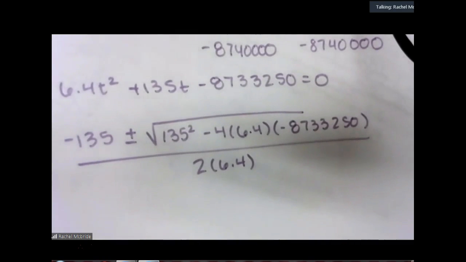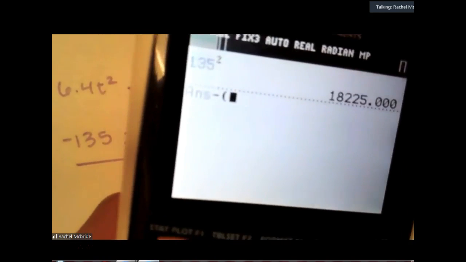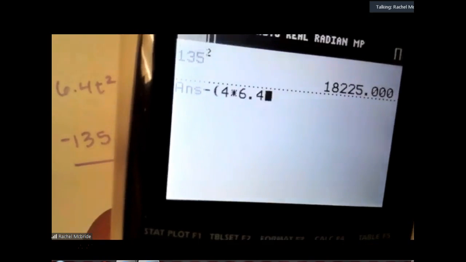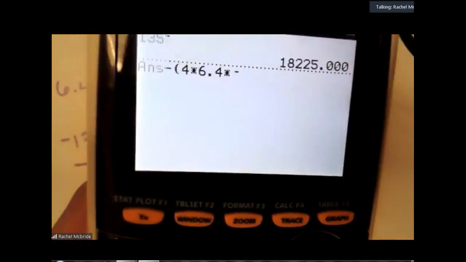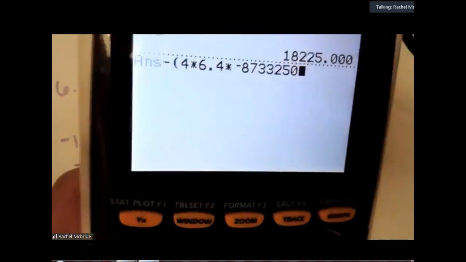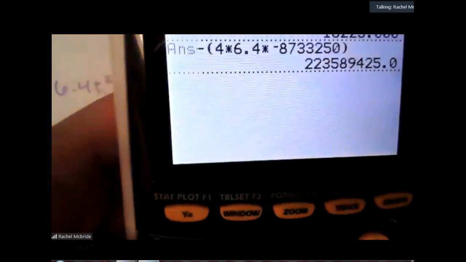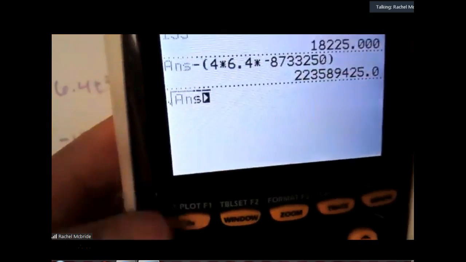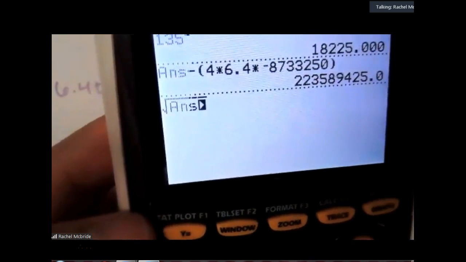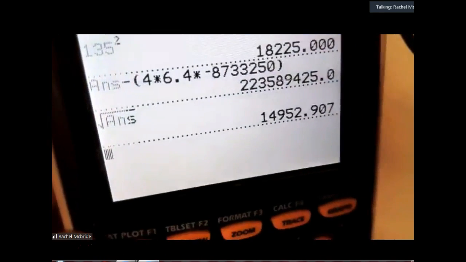At this point, you just go on your calculator, and you would take 135 squared minus, put in parentheses, 4 times a times, make sure you get the negative for the c, which is 8733250, and hit enter. Then hit second square root, then second answer, so you don't even have to type that back in. And then you get 14,952.